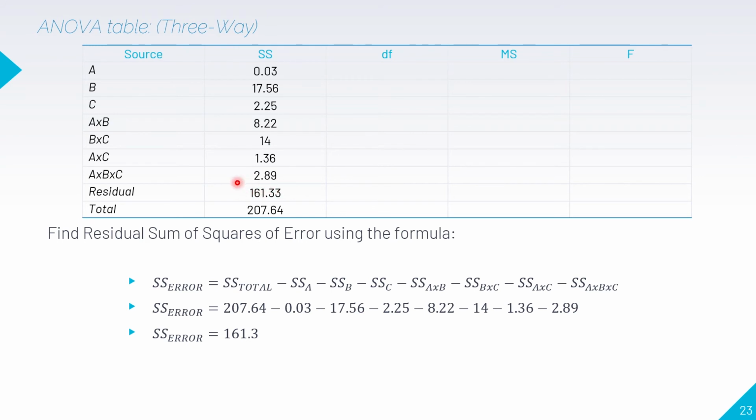So our residual, or error, sum of squares is 161.3.